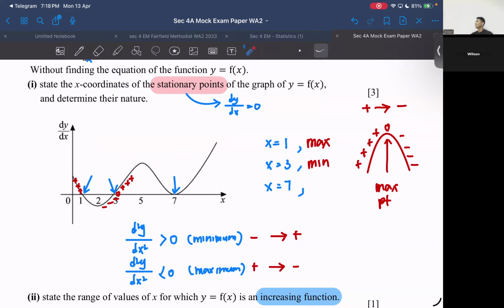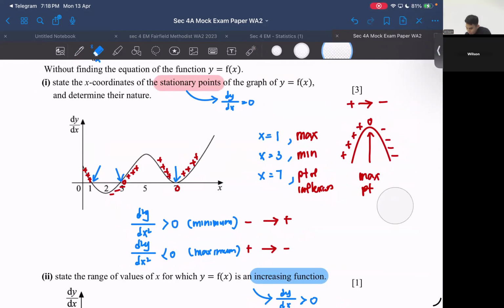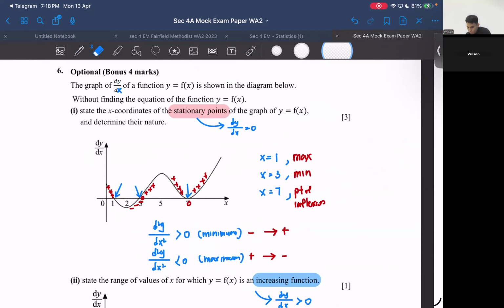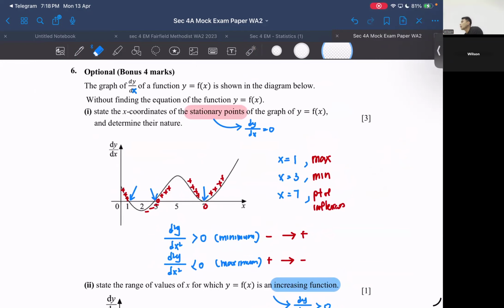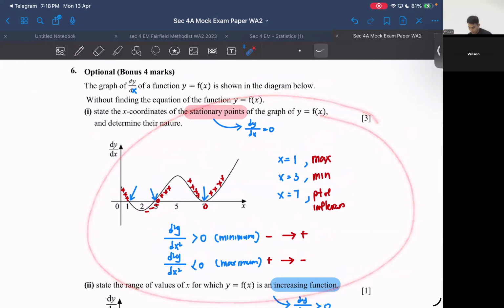Point of inflection, because this is positive, positive, positive, positive, 0, positive, positive, positive, positive. So this one is point of inflection. Okay. Now, any questions for this bonus question? Do we understand the concept? I'm not talking rubbish, right? Okay, very good.